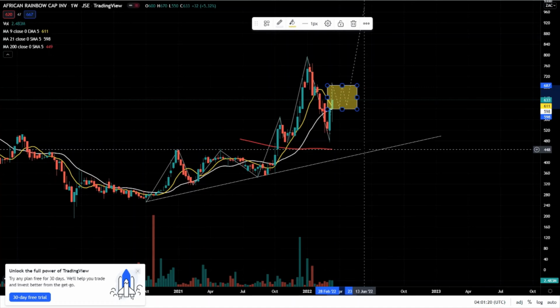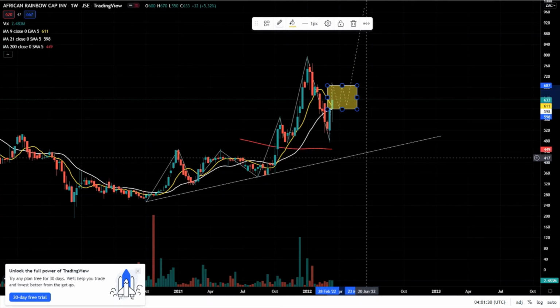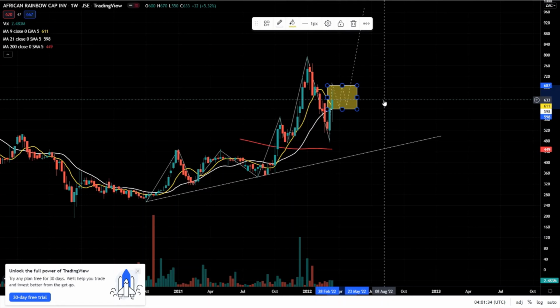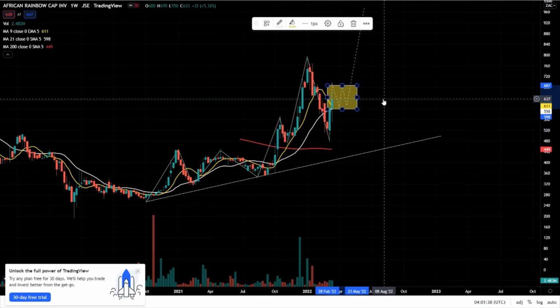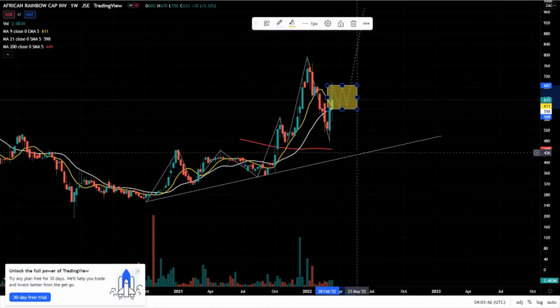Let's say you're losing 10 rand on the trade, and you still have like 990 rand that you can invest. Imagine how many shares you could buy when it does turn around here, and let's say it moves up. Then you're going to have a lot more profit by buying the shares down here.